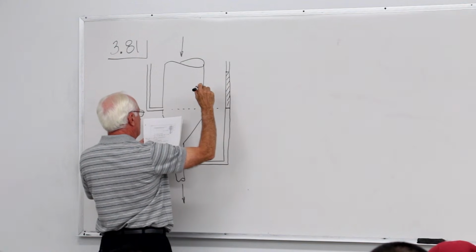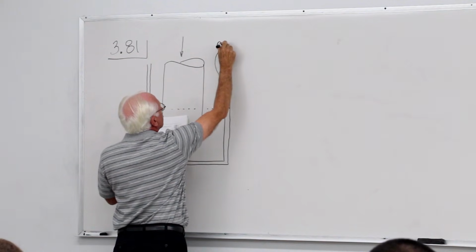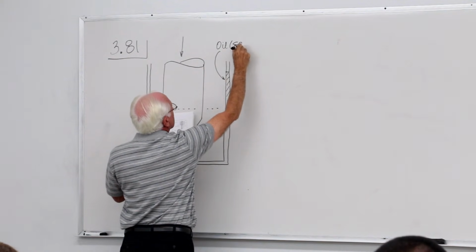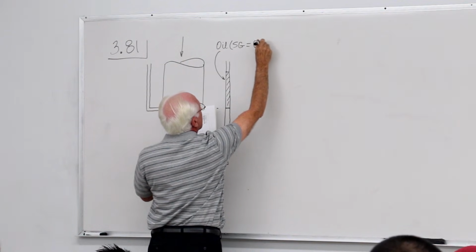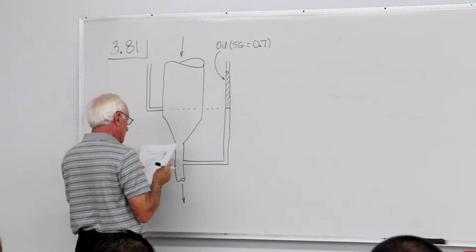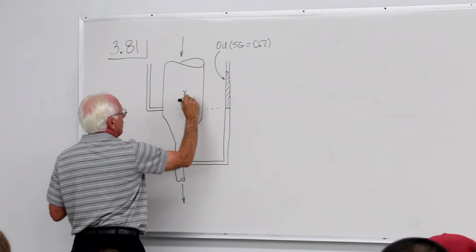This is oil, specific gravity 0.7. This is water, so gamma water.